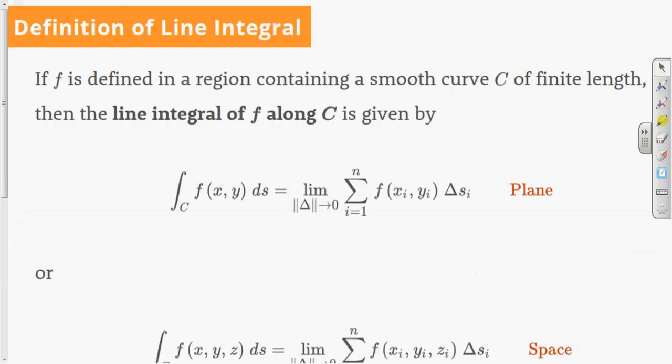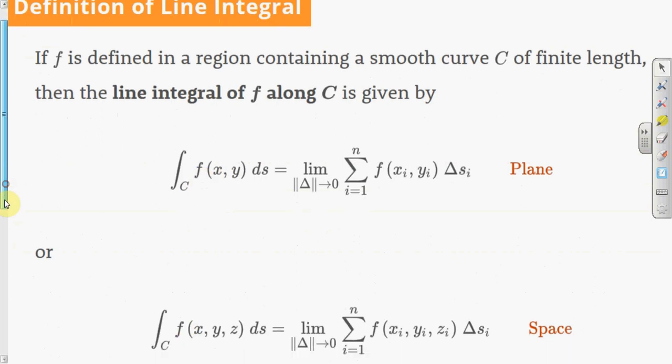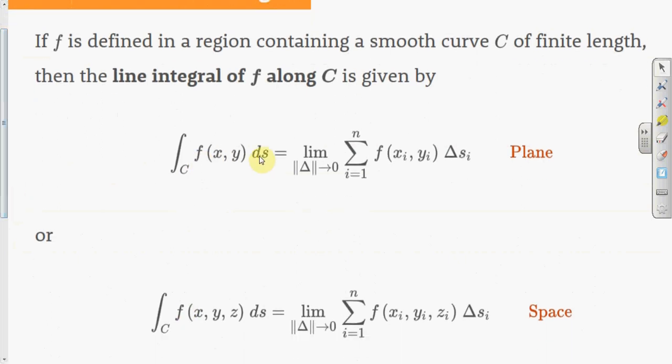So here, if f is defined on a region containing a smooth curve of finite length, then the line integral of f along C, or the smooth curve, is given by this integral of f(x,y), or it could be f(x,y,z), times ds. ds is some change displacement. ds over dt is something familiar.